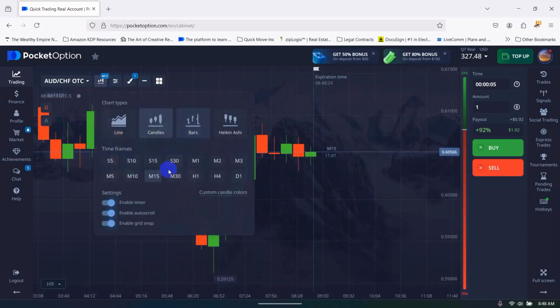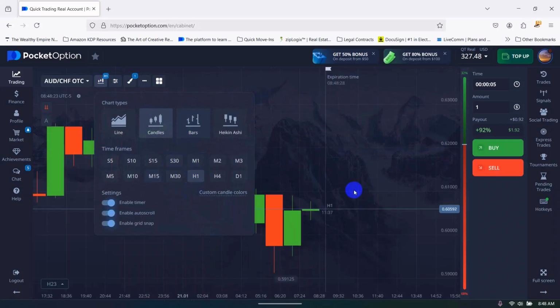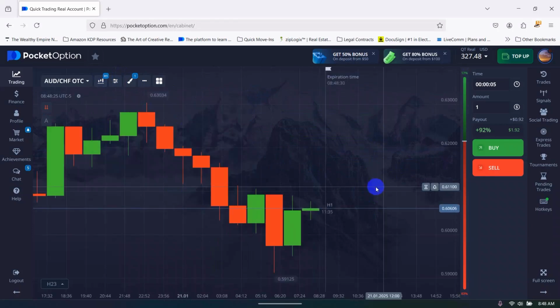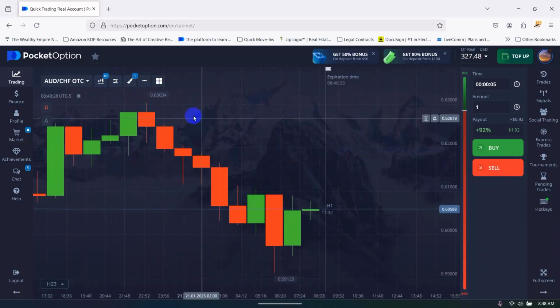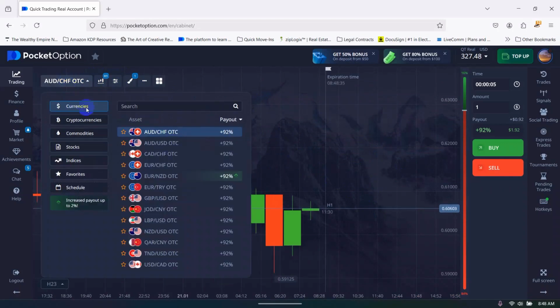So let's see. What time is it? 8:48. Let's go to the hour time frame and see what's really going on. And you don't have to stay on that one specific chart.